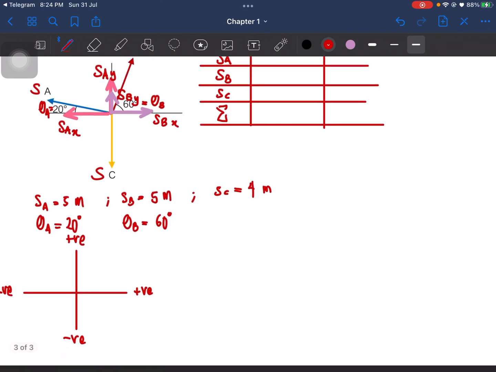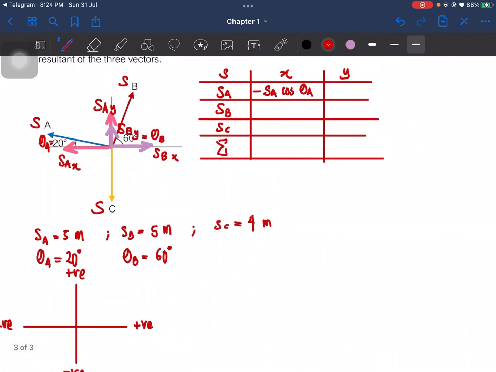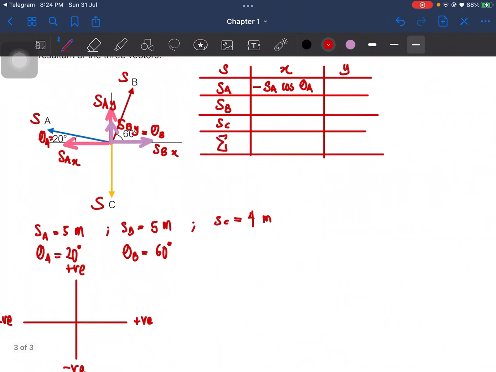So let's resolve the x component. This is going to the left, so it's gonna be negative displacement A cos theta A. Okay, and then for y, the angle lies on the x-axis, so we are gonna use sine theta A.